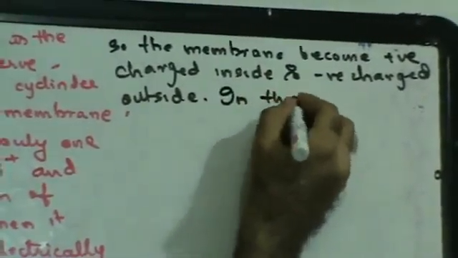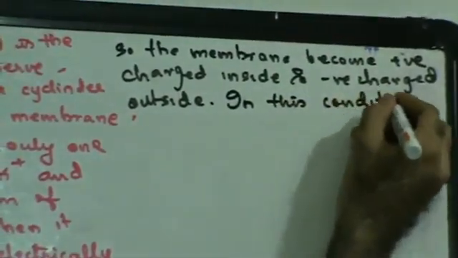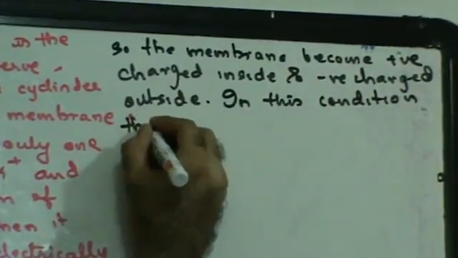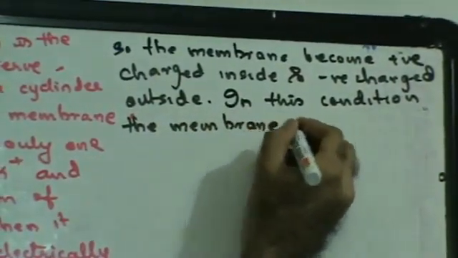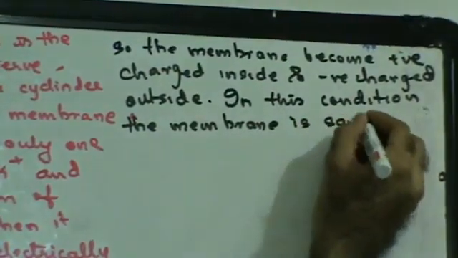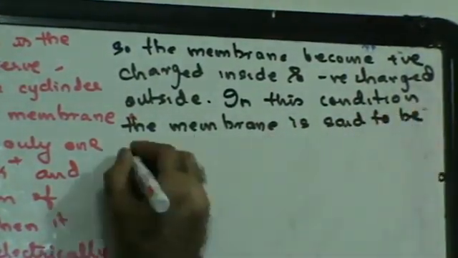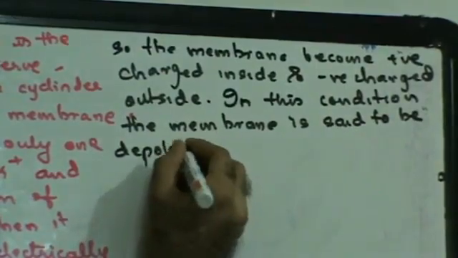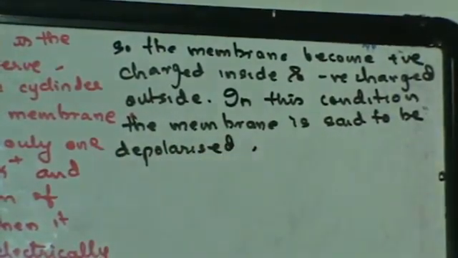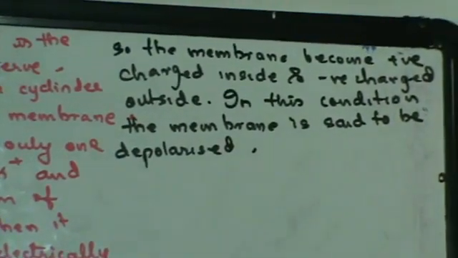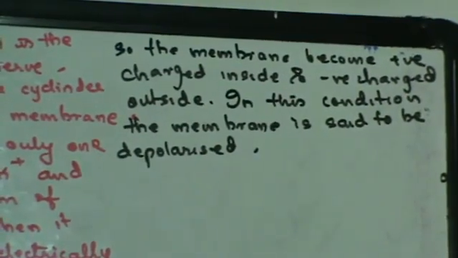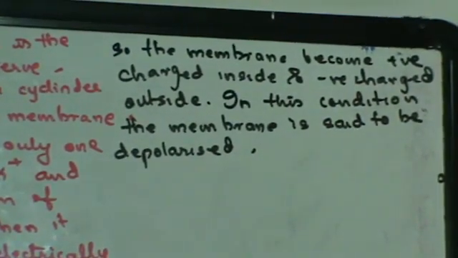In this condition, the membrane is said to be depolarized. Remember, we had done this word before also. I told you I'll explain this word to you later. So this is depolarized, and the sudden change in the membrane potential is called the action potential.